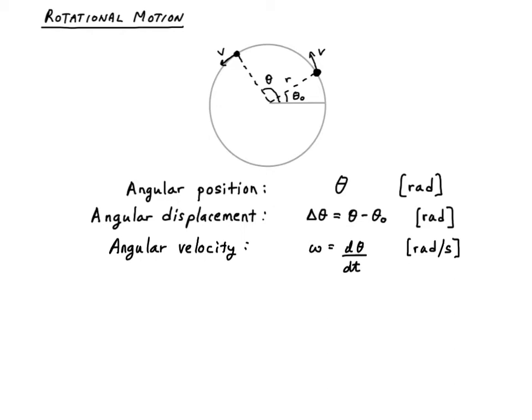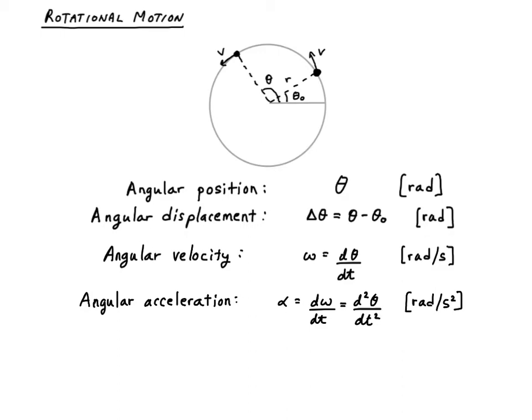Next, we would have the derivative of this angular velocity, given by the Greek symbol alpha, to give angular acceleration, measured in radians per second squared. So you see the relationship between angular and linear is a very straightforward one. You have basically the same kind of variables you would have in linear motion.